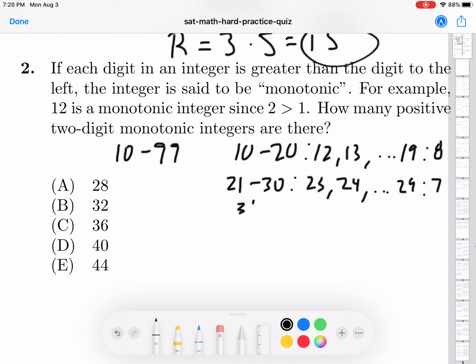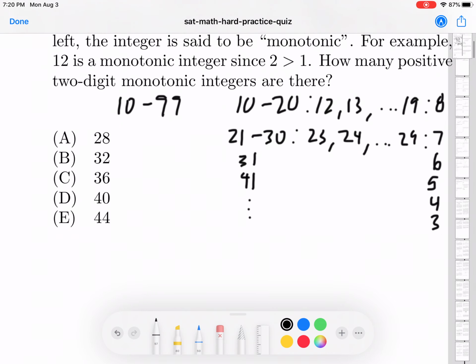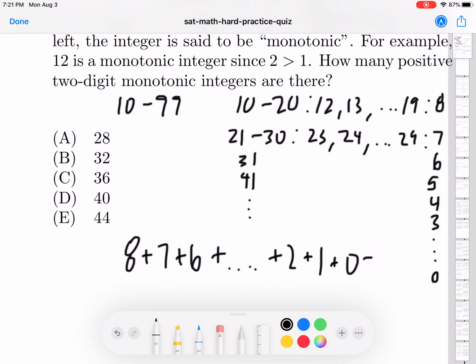So for the next group and onwards, we're going to have 6, 5, 4, 3, all the way down to 0. So adding that up, plus 2 plus 1 plus 0, we end up with 36. So there are 36 of these type of integers.